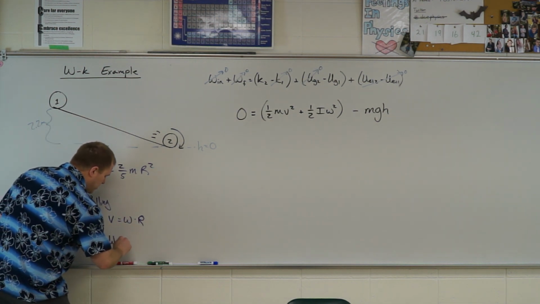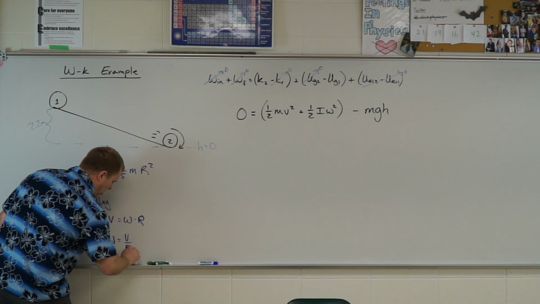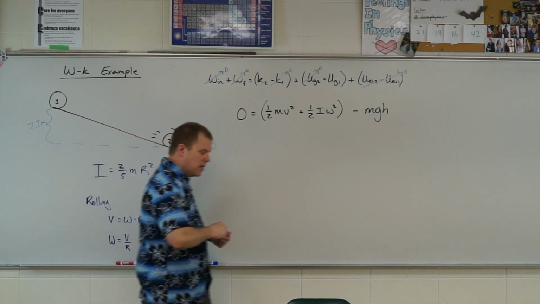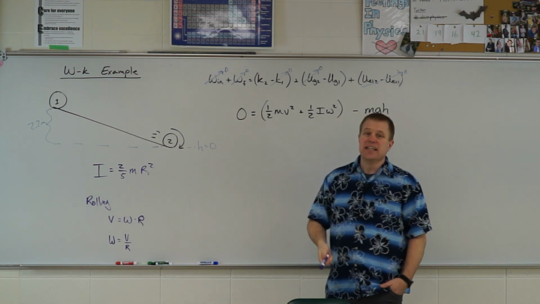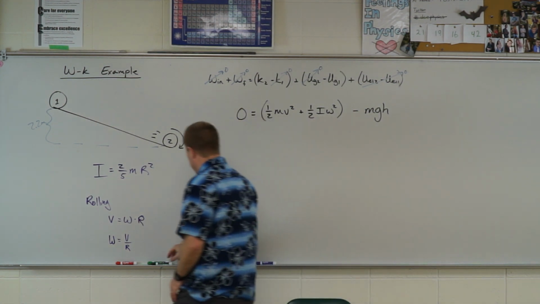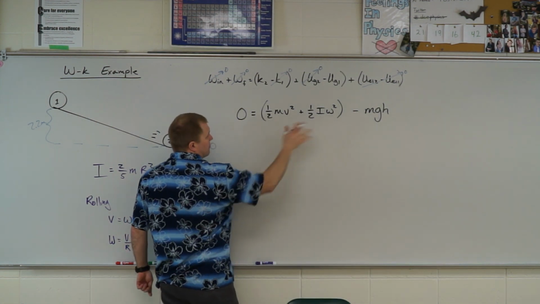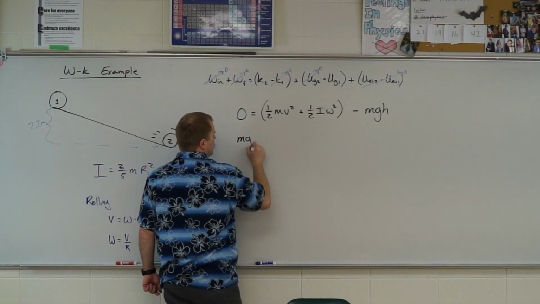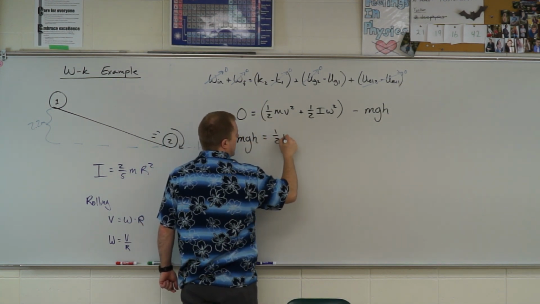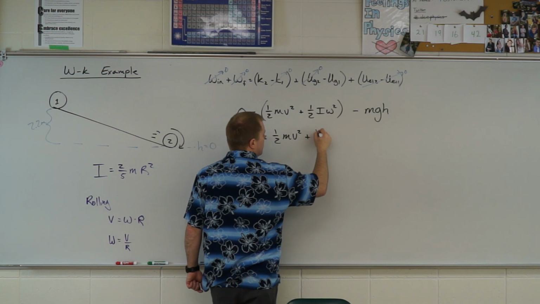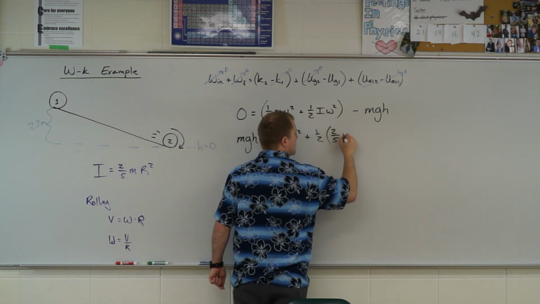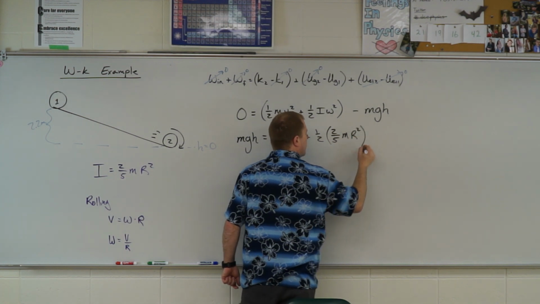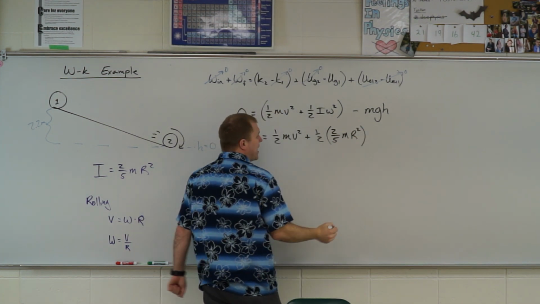And what we're always going to do, and I hesitate to say always, but I will say it, always, we're always going to substitute in for omega. Let's see why we're going to want to do that here. Let's move the mgh over. So I have mgh is equal to 1/2 mv squared plus 1/2 I, which we're going to substitute in our 2/5 mr squared, times omega squared.